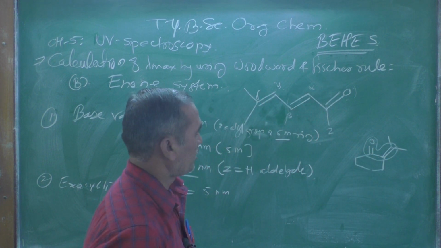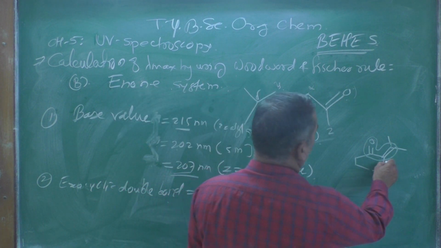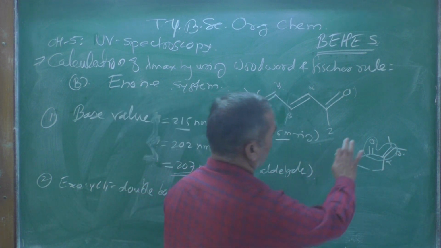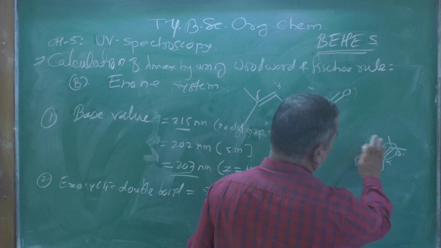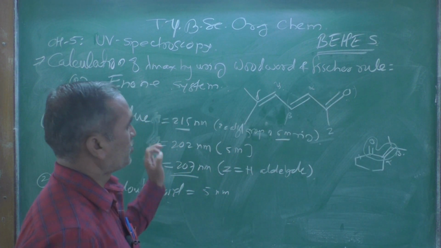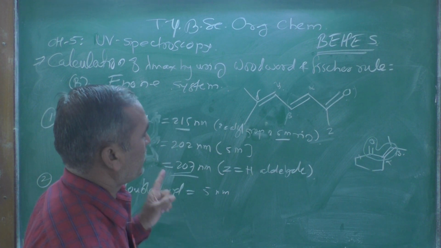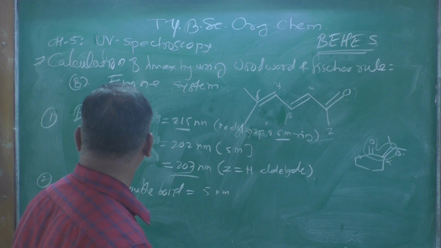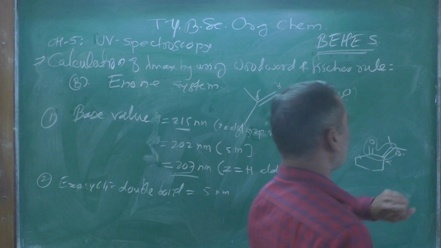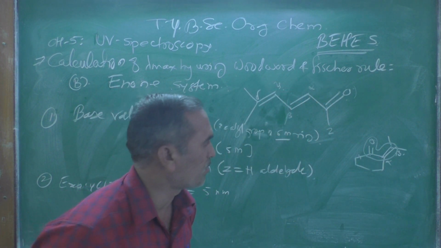It is an alpha beta unsaturated carbonyl compound, and here the ring residue, meaning the carbonyl group, is in a 6-membered ring, and therefore the base value should be considered as 250 nanometer. And now, what about the exocyclic double bond we are talking about?